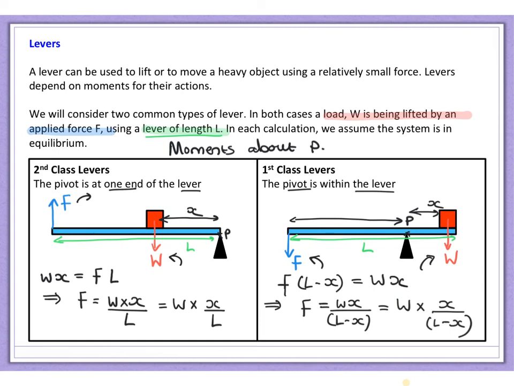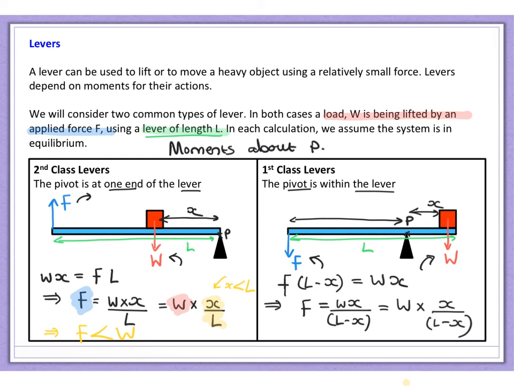Now let's have a look at the significance of these answers. Let's go to the first question here. So we can see that F is equal to W multiplied by x over L. Now think about the fact that x is a lot smaller than L. Now this tells you that x over L has got to be a value that is less than 1, which tells you that F is going to be smaller than W. So the force you apply is going to be less than the weight of the object.